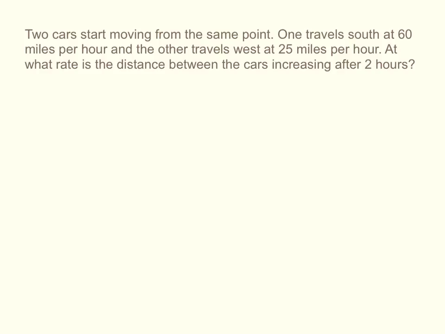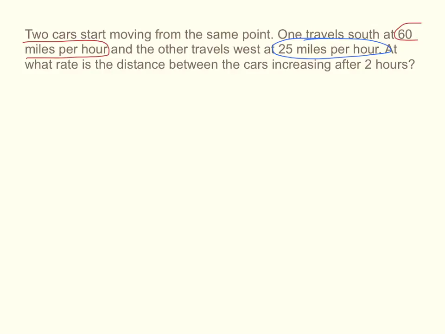The first thing we need to do is figure out which method we will use to solve an exercise like this, to answer this question. What I see is that we have a car traveling at 60 miles per hour, and another car traveling at 25 miles per hour.